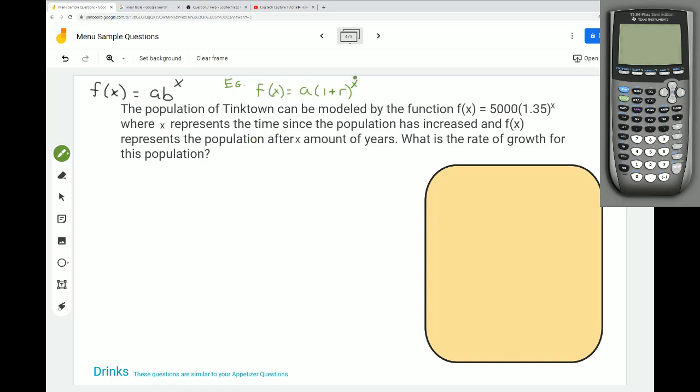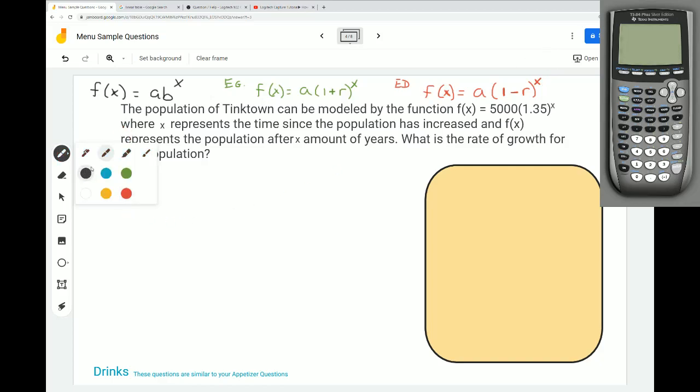Or sometimes you might see to the t power. And then for exponential decay, let's say ED, we have the function of x is equal to a times 1, the only difference is that we have a minus r to the x power.